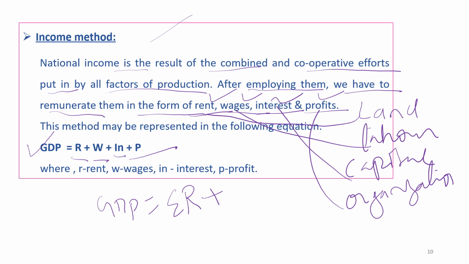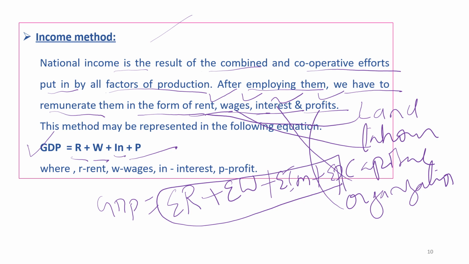Take the total of all landlords or those who receive rent together, and take the summation of W, that means all laborers' wages together, then all interest together, plus all profits together. If you add all these things, then you are going to obtain GDP, and that we call the income method.